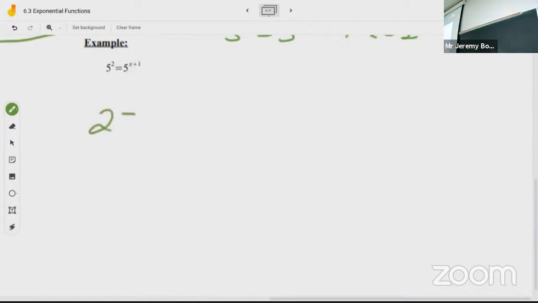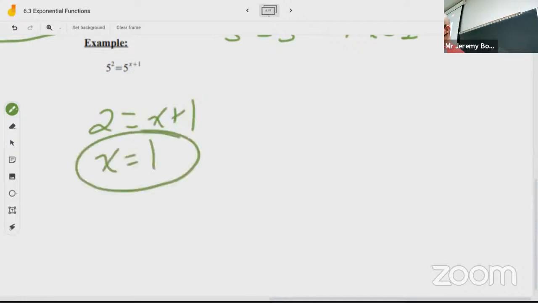So this is going to be 2 is equal to x plus 1, which means x is going to equal 1. Any questions on that?